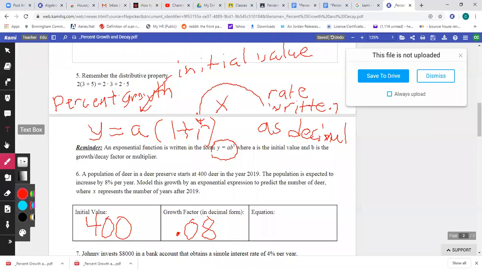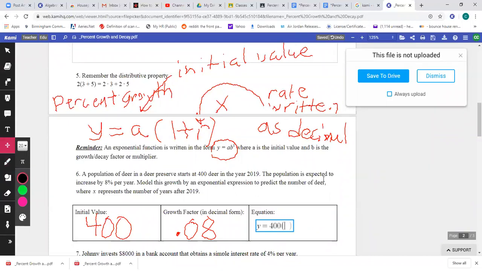And so my equation, if I just follow this, is going to be this. Y is equal to 400 times 1 plus 0.08 taken to the x power.